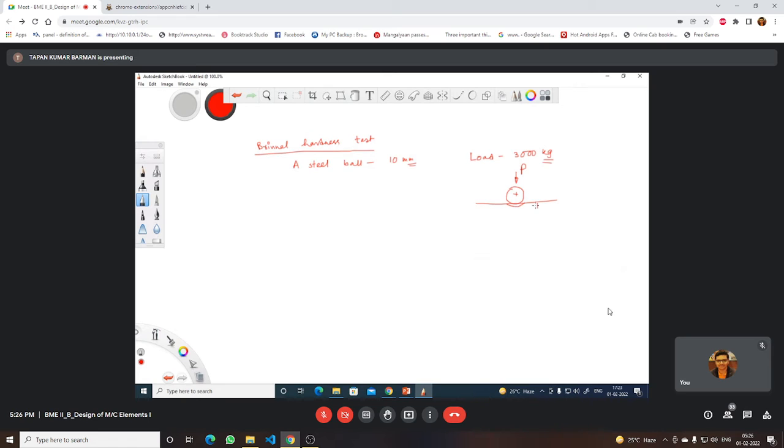This material will deform, right? Now say for example, my deformation is like this, due to the indentation of this ball.